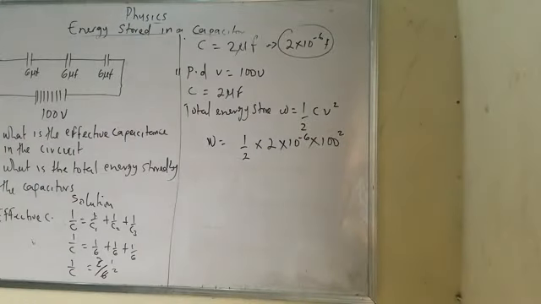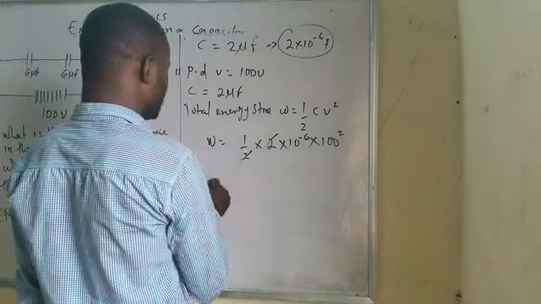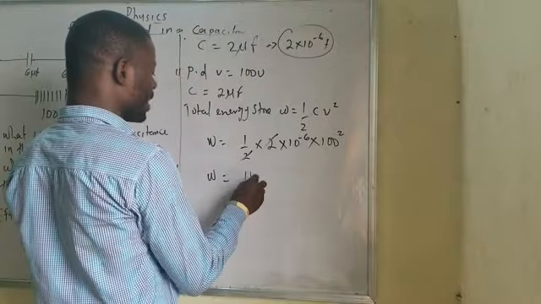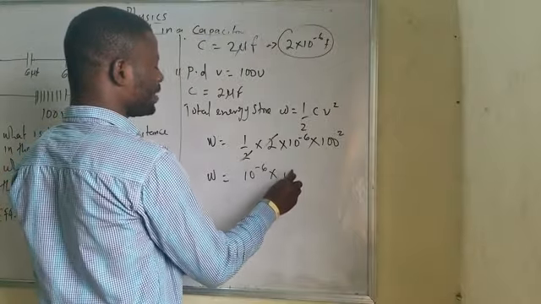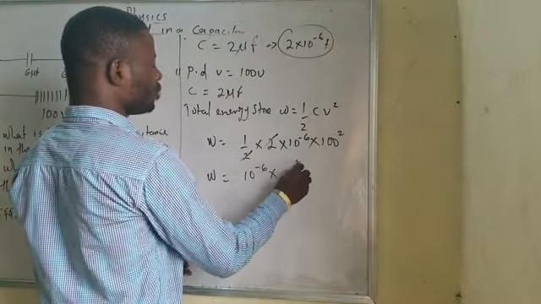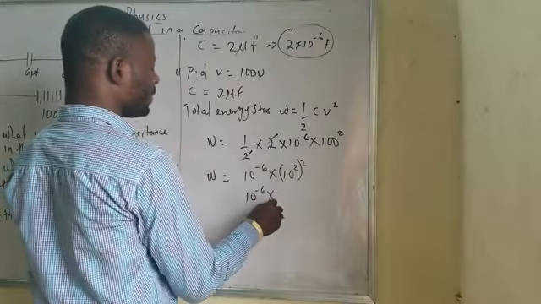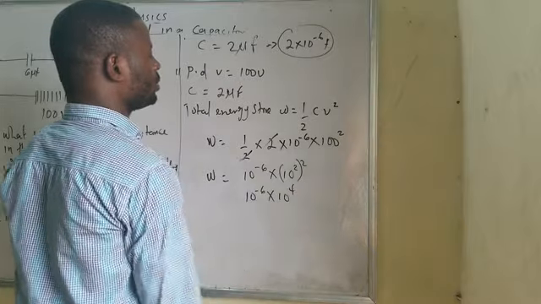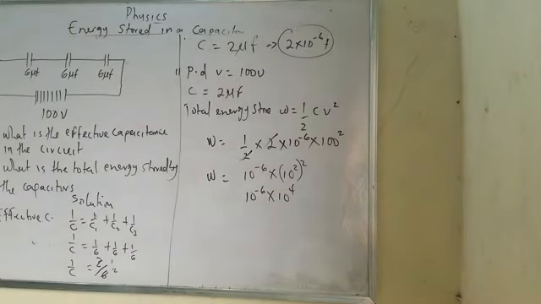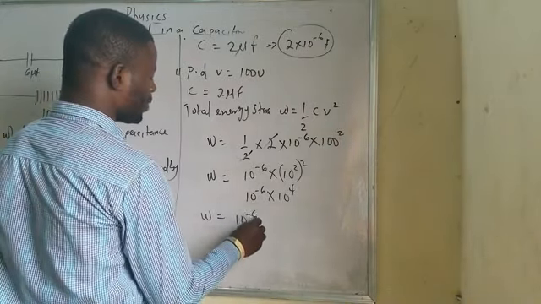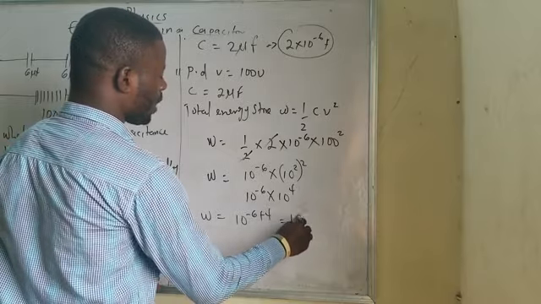By doing this, I know that the half will cancel the 2. Then I'll be having 10 raised to the power minus 6 multiplied by 10 raised to the power 4, which gives 10 raised to the power minus 6 plus 4, which is 10 raised to the power minus 2.